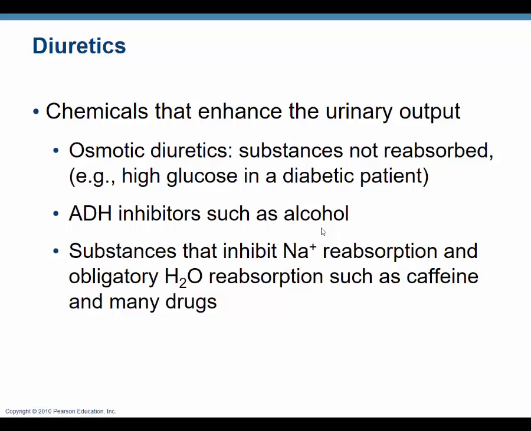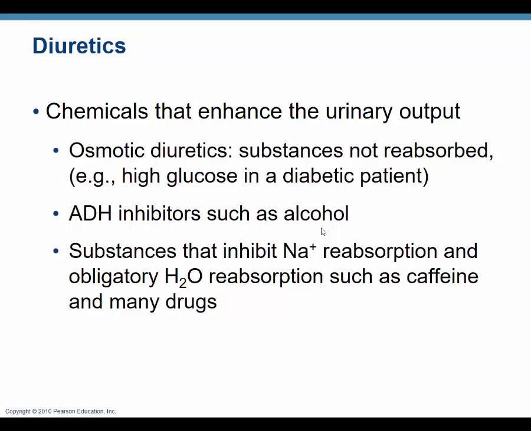So anyway, osmotic diuretics are when we have a lot of solute in the nephron. Water follows solute, right? So if there's a lot of solute in the nephron, that's going to cause an increase in the osmotic pressure. Would you agree? It's going to suck fluid into the space.